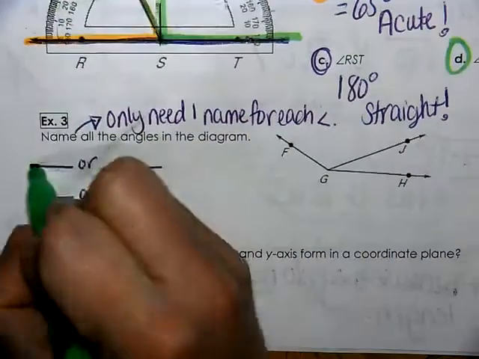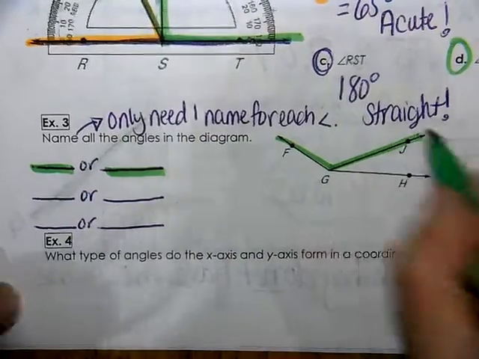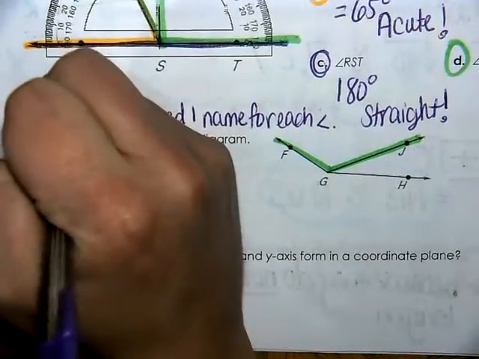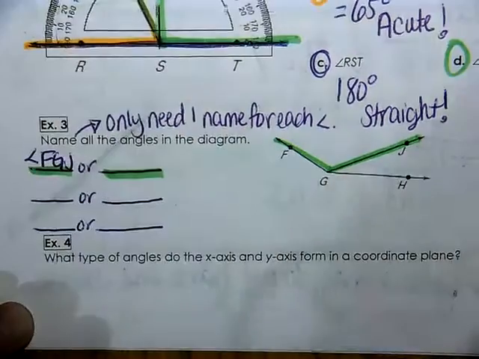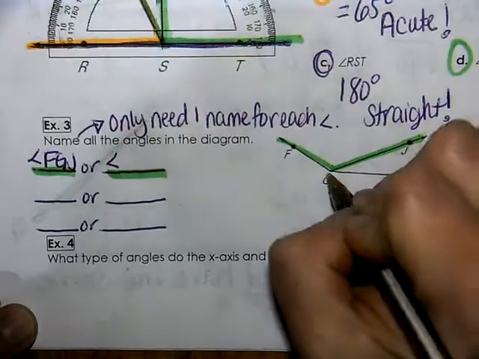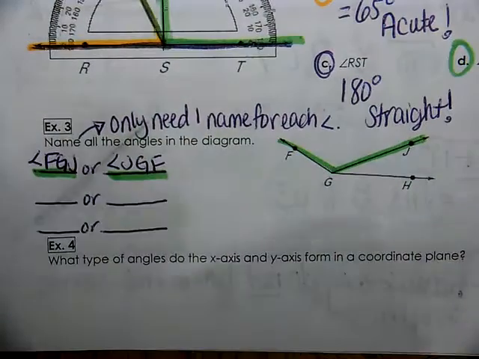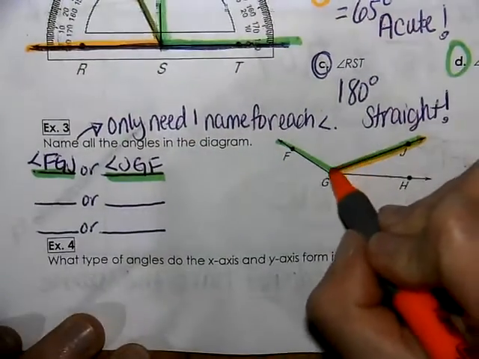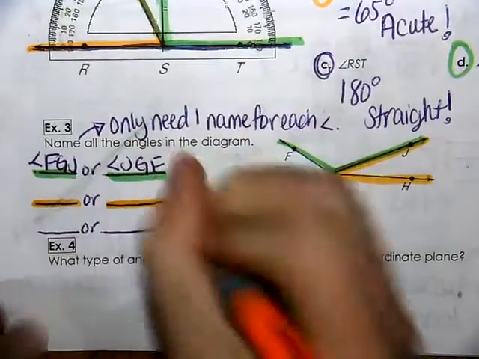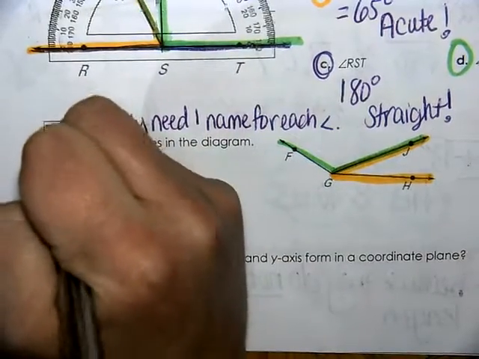But I want to make sure that I emphasize that each angle has 2 names. So the first angle that I'm going to work with is this angle right here, FGJ. We're going to call it angle FGJ. Or, going backwards, angle JGF. The next angle that we have is right here, angle JGH.